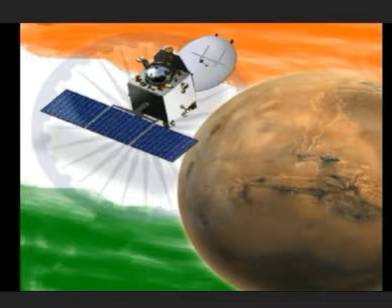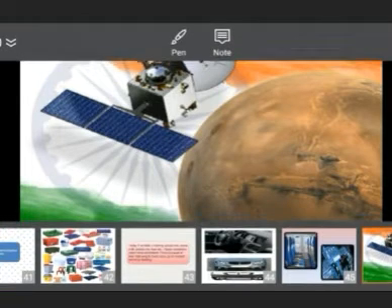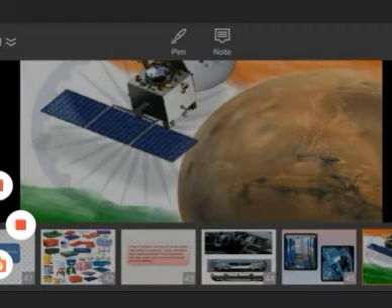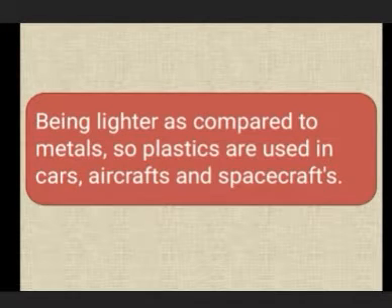In this movie, you all might have seen how scientists got the idea of using plastic. This is only because plastic is very light in weight and it is durable. Being lighter as compared to metals, plastic are used in cars, aircrafts, and spacecrafts.